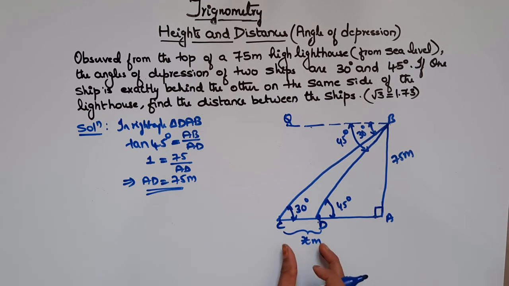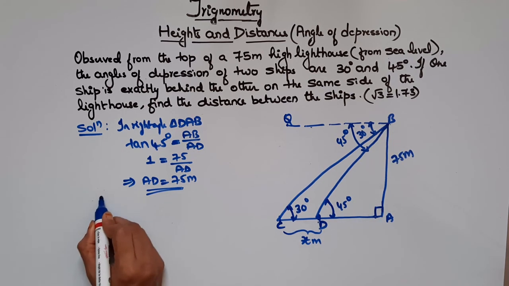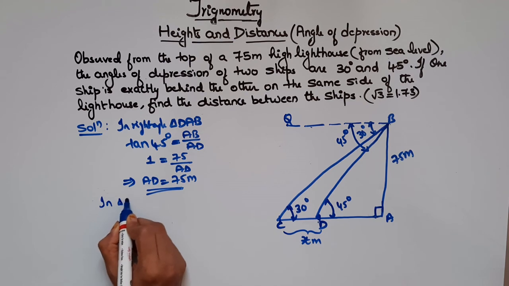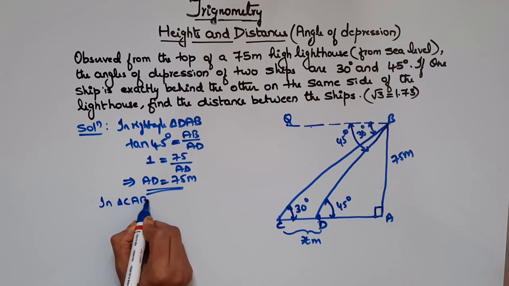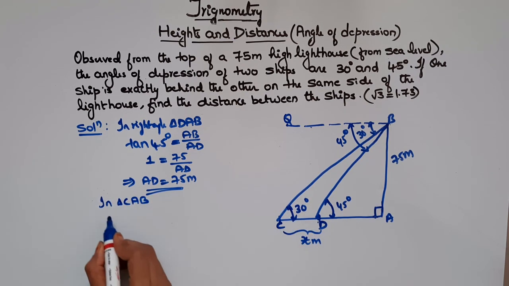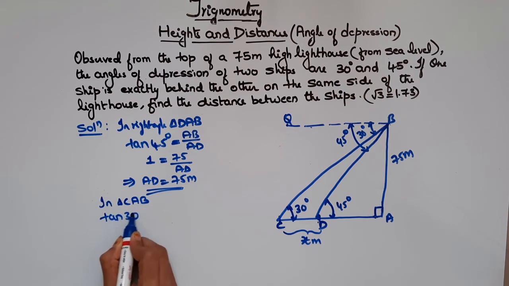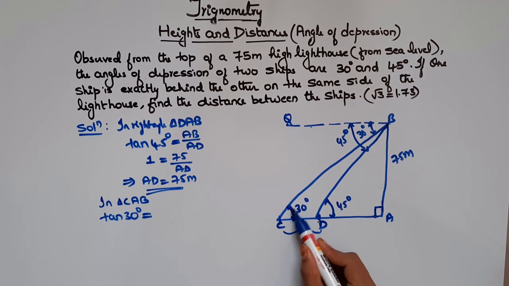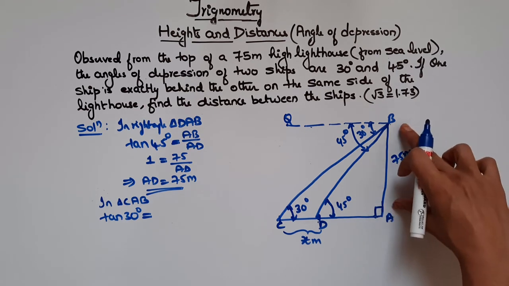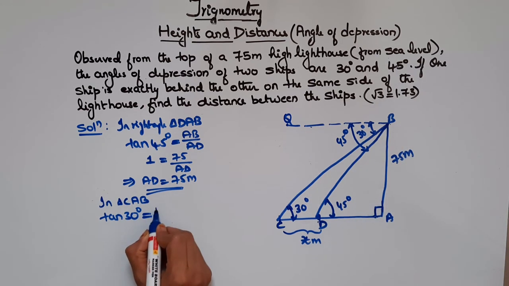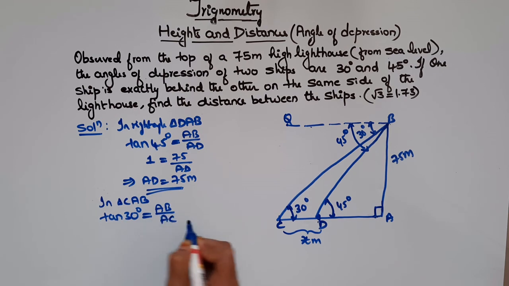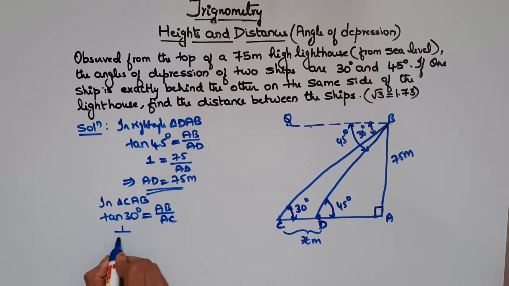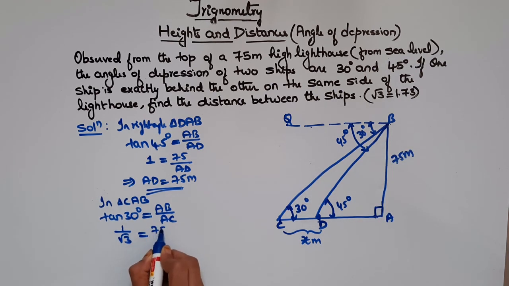Our aim is to find what is CD. Now let's see the triangle CAB, which is also a right angle triangle. So in triangle CAB, what is tan 30 degree? So tan 30 degree is equal to this side opposite, AB by AC. Now tan 30 we know is 1 by root 3, which is equal to AB, 75 meters, by AC.